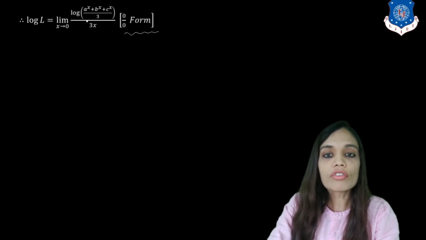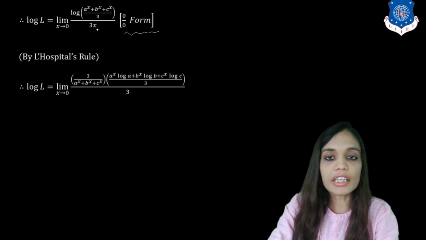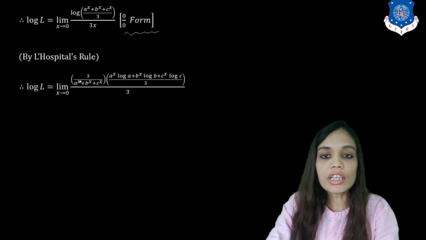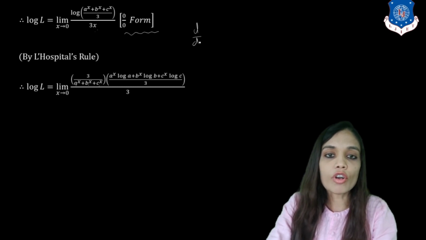Okay. So now we will apply L'Hopital's rule. So on applying the rule and doing the derivative of numerator and denominator separately, we will get derivative of this will be equal to 3 upon a raised to x plus b raised to x plus c raised to x, because derivative of log x is 1 upon x.